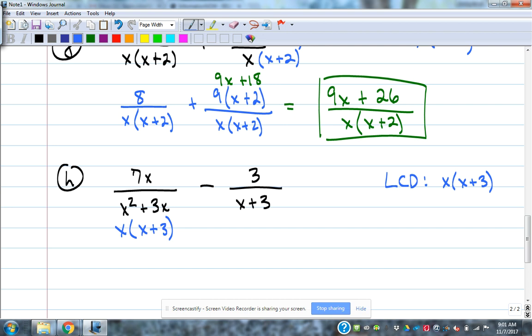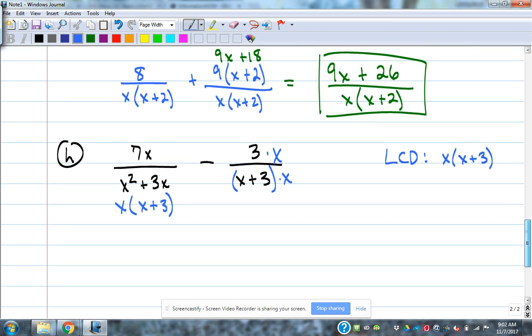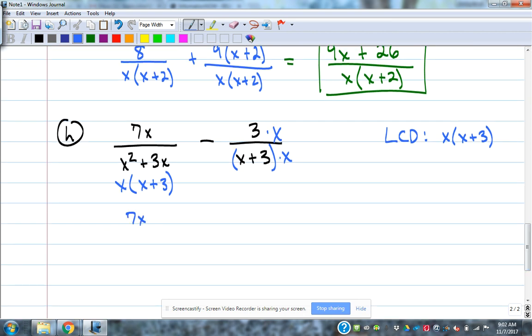Okay? So does this first one need anything? It's got both pieces, right? The second one needs what? So multiply by x on top and bottom. So we have 7x over x plus 3 minus 3x over x plus 3.